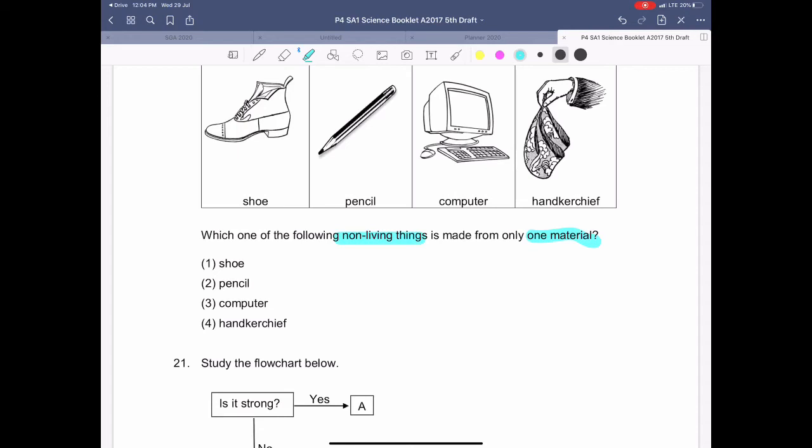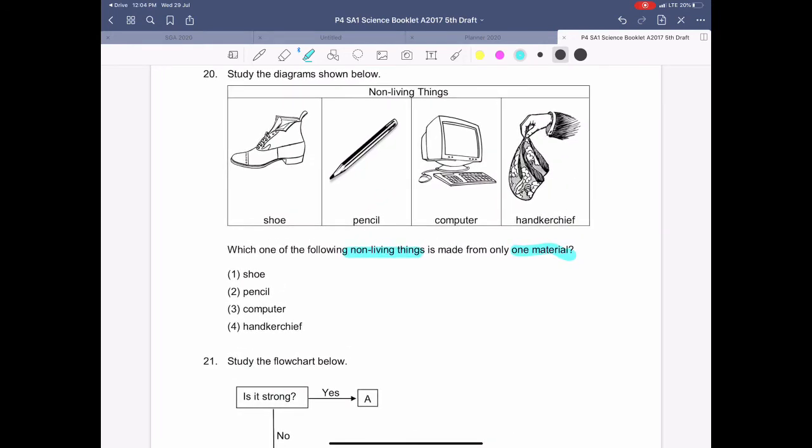So, shoes. Is it made out of living or non-living things? Living. Okay, because it's leather, right? One material. Hold on, let me think. Non-living things made from only one material.